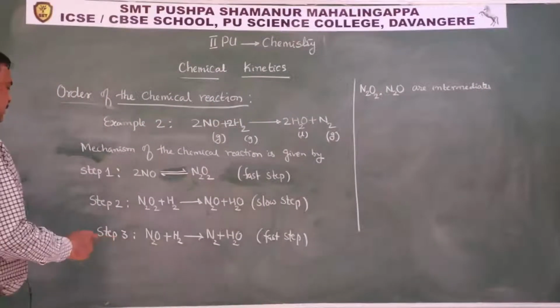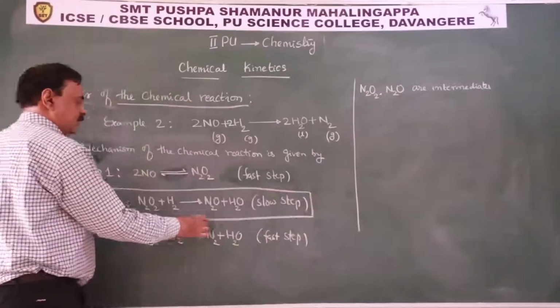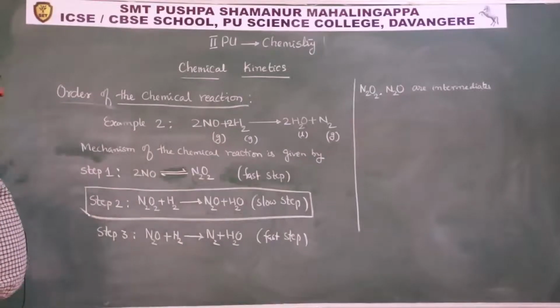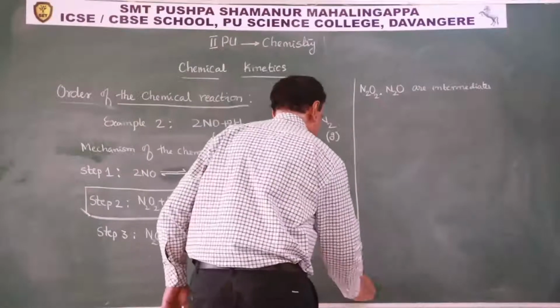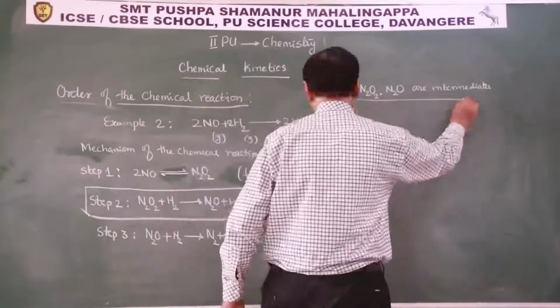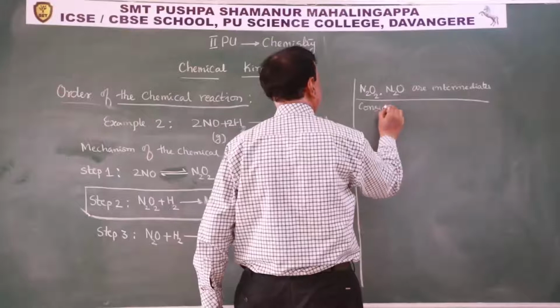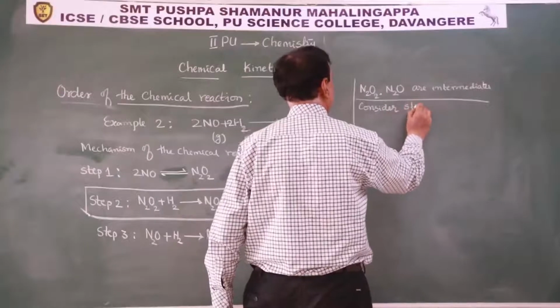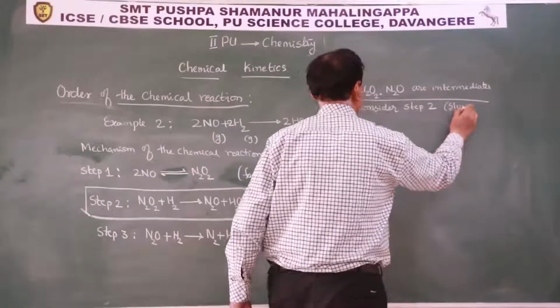Now, which is the slowest step of the chemical reaction? The second step is the slowest step. Therefore, according to the law of mass action, consider step 2 because it is the slowest step.